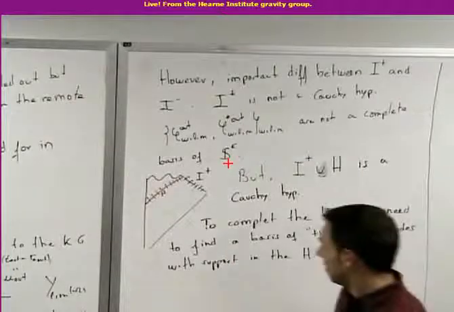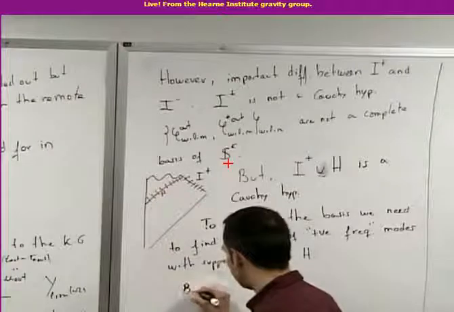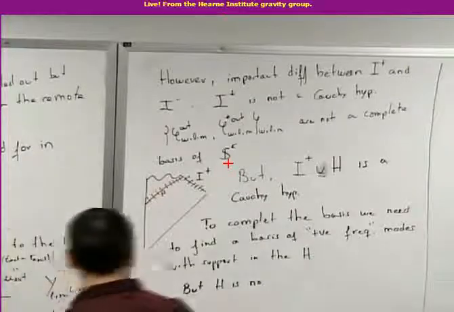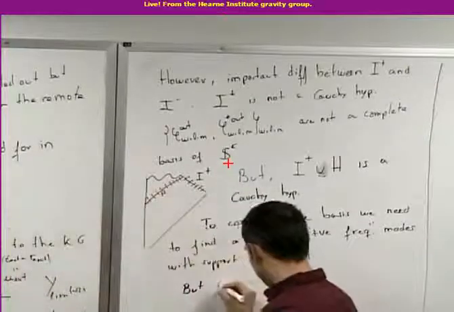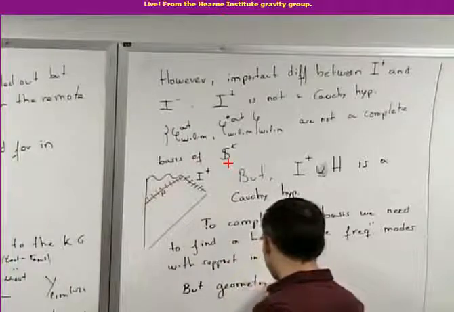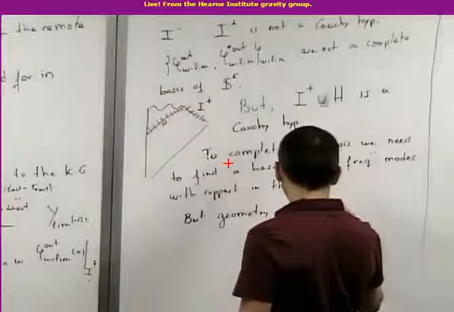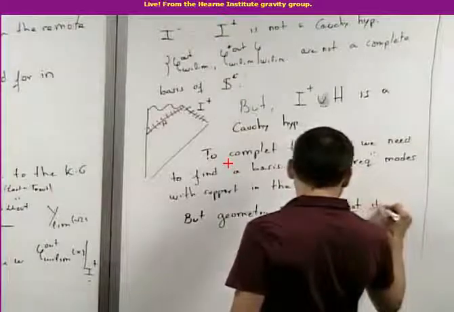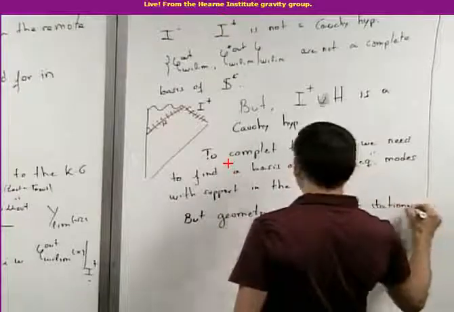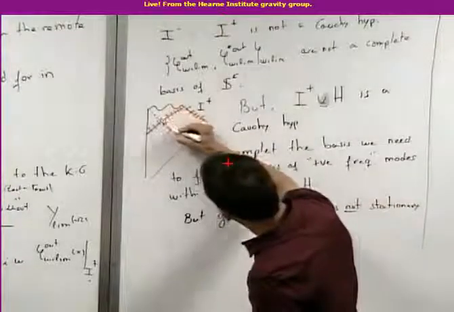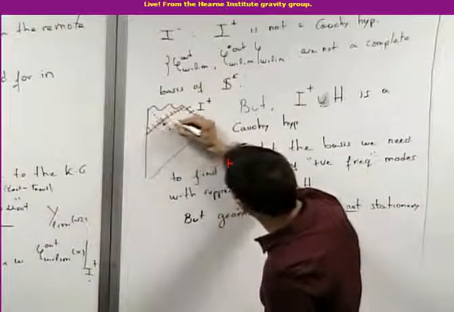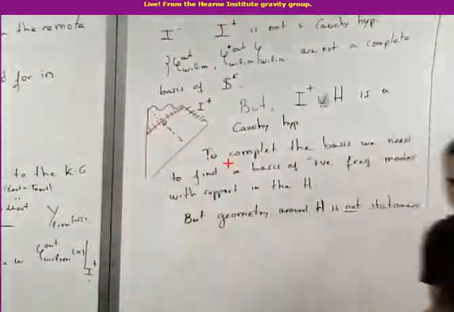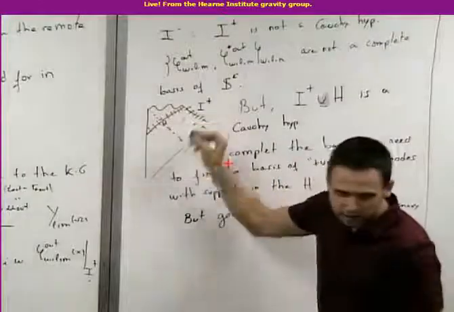The point is that the geometry around the horizon is not stationary or static. You can see the curvature before this line is zero, and then the curvature is not zero. Along that hypersurface there is no kind of symmetry. The geometry in this vicinity is changing dynamically.